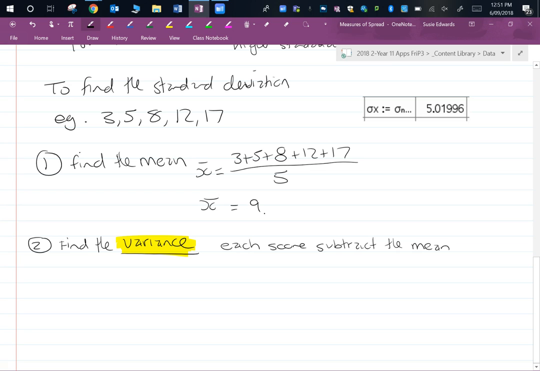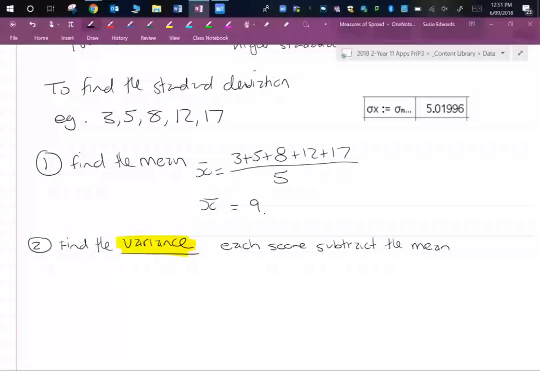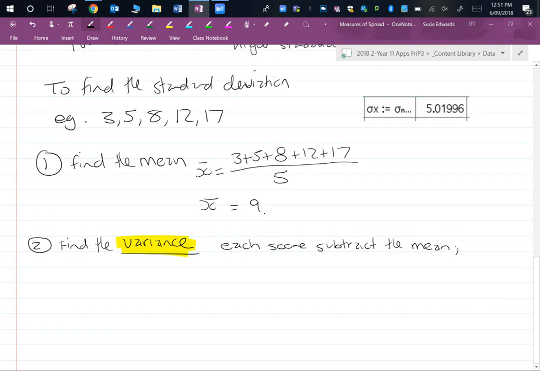So we get each score and we subtract the mean. That's going to give us the difference, whether it's a positive number or a negative number. We then need to make it positive, so we then square it. It'll make more sense when I show you the example. Squared. Okay, and then we find the mean of those numbers, so then added together and divided by how many scores there are.